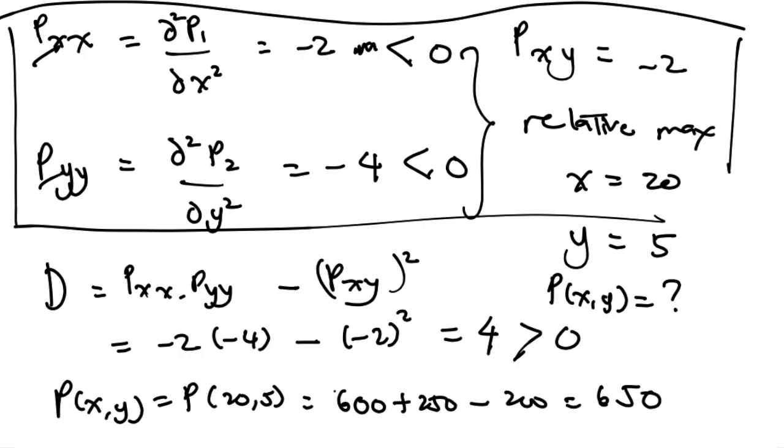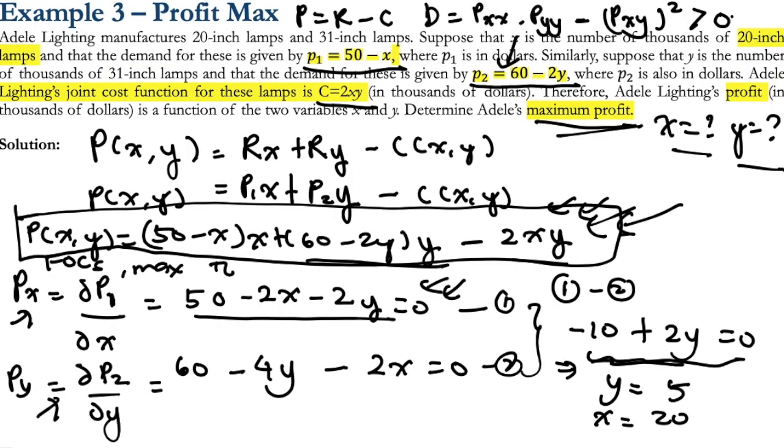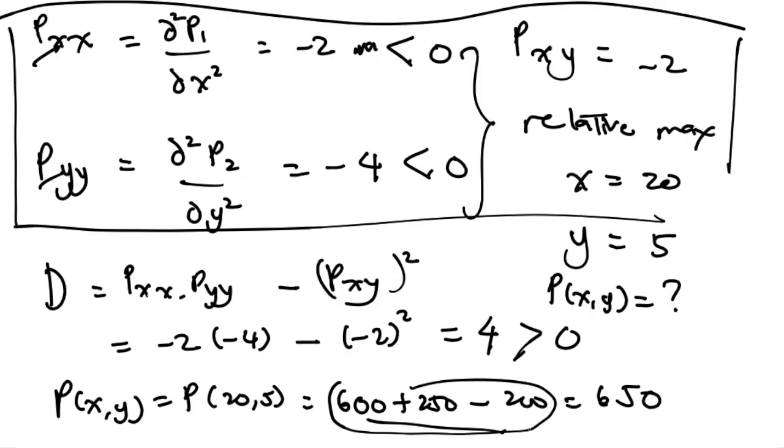I just jumped the step, but you have to show from here, put x and y, x 20, y 5, show all the steps until you reach this step, then you can get full marks. If you just jump like me, then you cannot get full marks. Here I just jumped because I know that the calculation is easy.